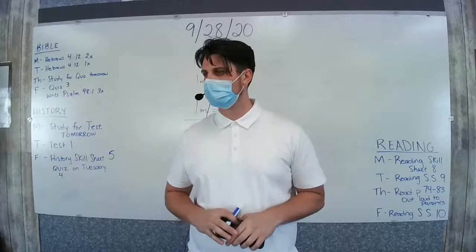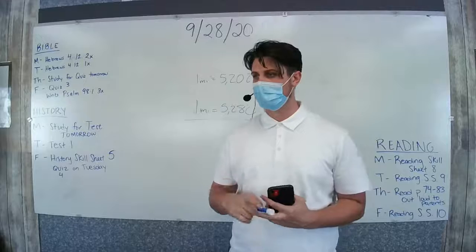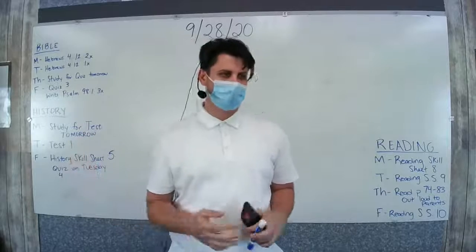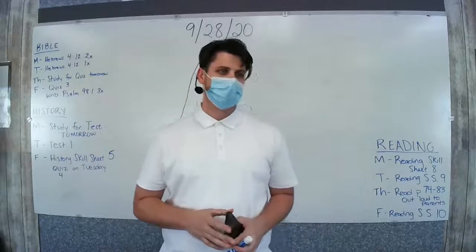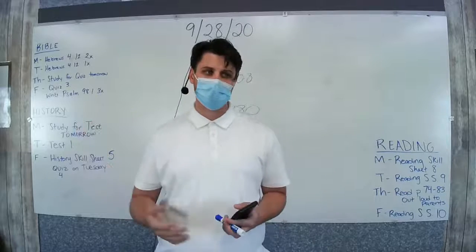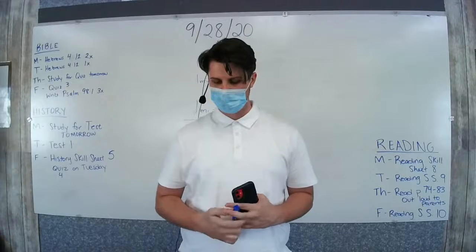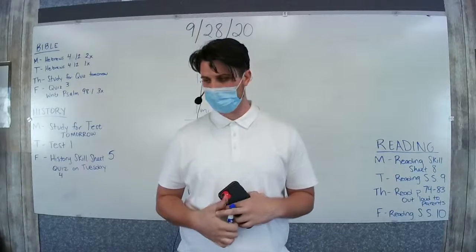Looking for bushels. And we said how many pecks are in a bushel? 4. So what do you do? You're going from smaller to bigger, so you divide. You divide 228 by 4.